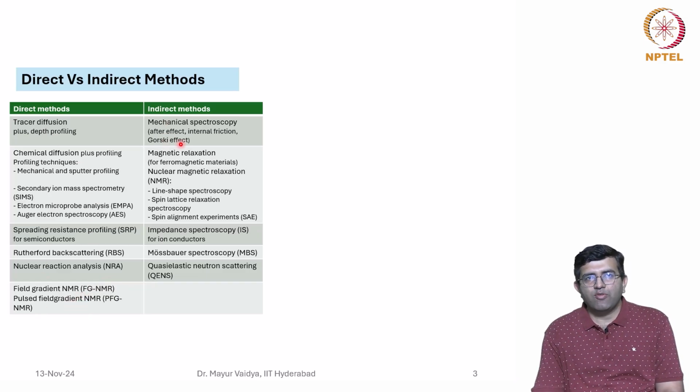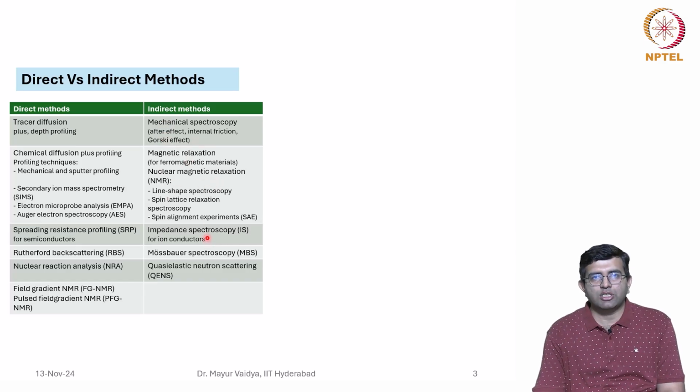Indirect methods include mechanical spectroscopy, magnetic relaxation, nuclear magnetic relaxation, impedance spectroscopy, MBS, and QENS, quasi-elastic neutron scattering. We will be covering some of the techniques from the indirect methods and some from the direct methods in the course of this week.